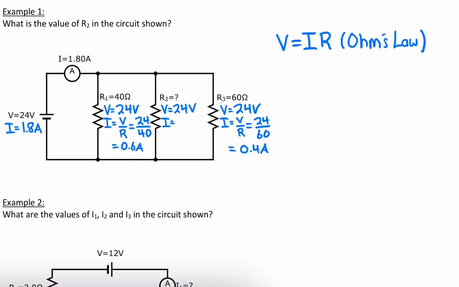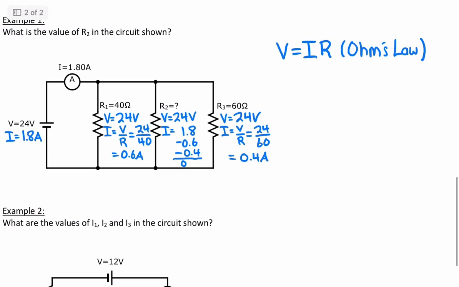In other words, the middle resistance is going to be 1.8 minus 0.6 minus 0.4, or 0.8 amps.